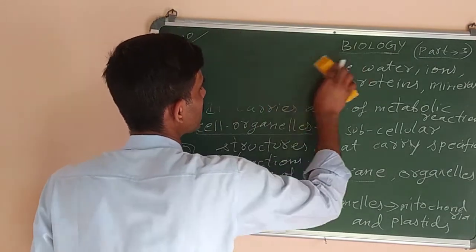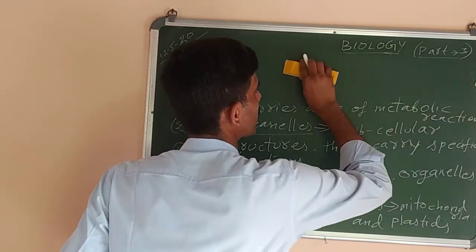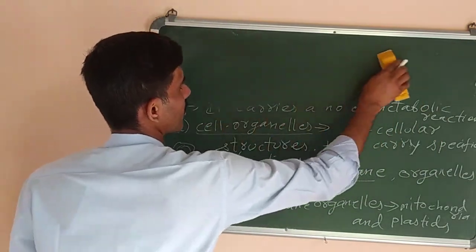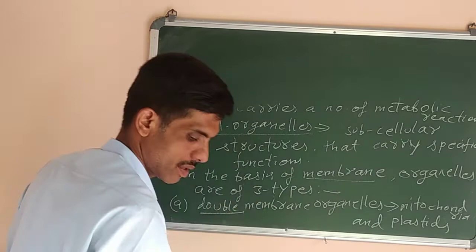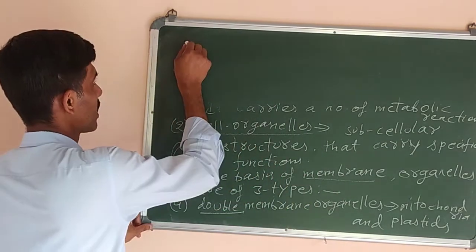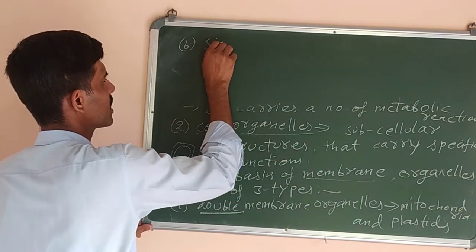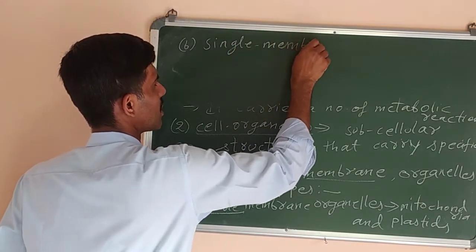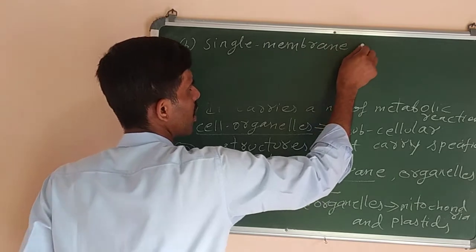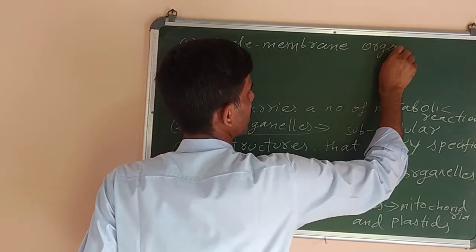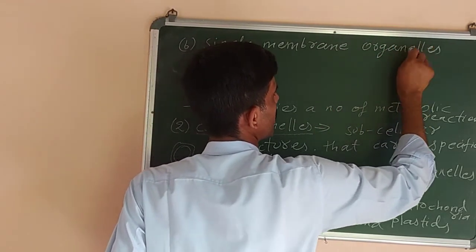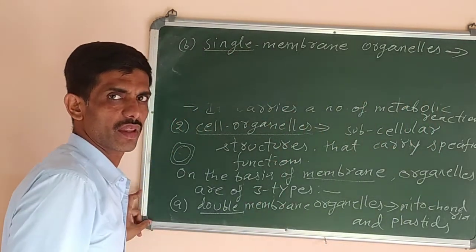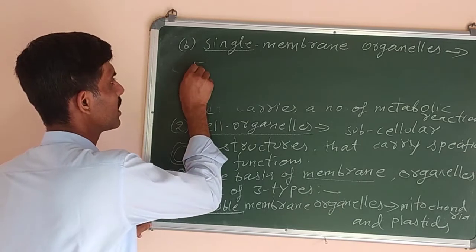Now the second one, single membrane cell organelles. Number B, such cell organelles which have a single membrane. Now let's see which cell organelles contain only a single membrane. The example is ER.